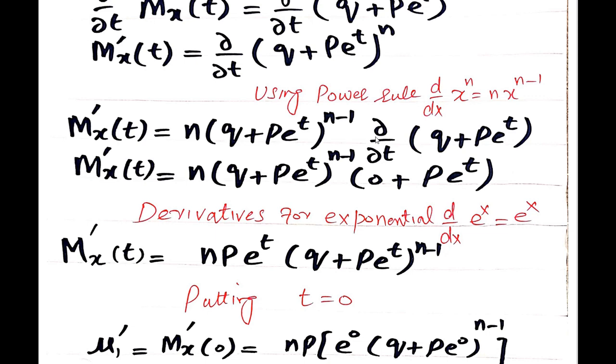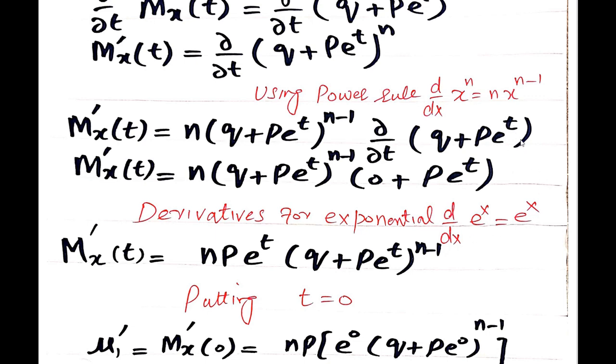Here we apply the addition rule, because we have two terms in this bracket, and we separately apply the derivative to both terms. p is a constant, so it is taken outside, and the derivative of e^t is e^t, because if you take the derivative of e^x with respect to x, it is equal to e^x.